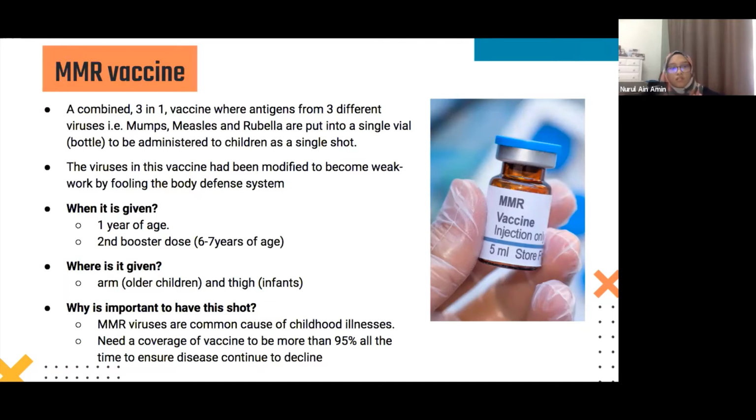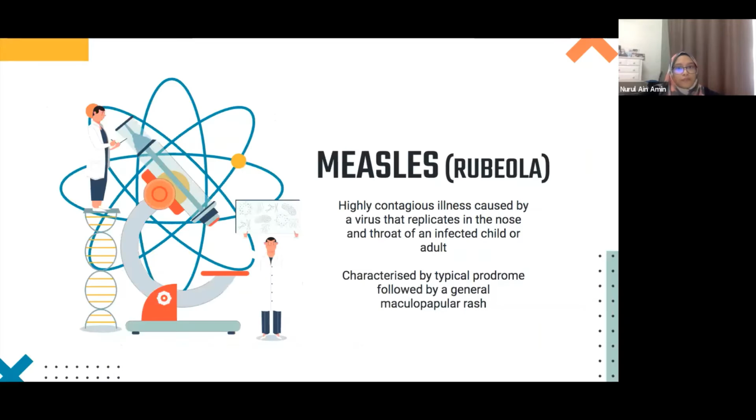It is usually given at the arm for older children and the thigh in infants as a single injection. Since these viruses are a common cause of childhood illness, it is important to have this shot. It is also important that we have coverage of more than 95% to ensure the disease continues to decline.